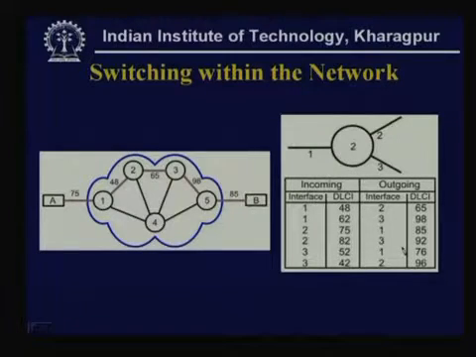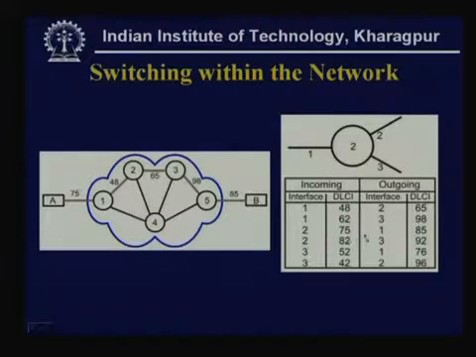It has got 3 interfaces, 1, 2 and 3. This is the node or switch 2. So, interface 1, this is the incoming. So, when it goes from 1 to 2, the DLCI is 48 and the outgoing DLCI is 65, and whenever it is going to 3, the DLCI is different, 62, and the interface that it goes to is 3 and the DLCI is 98.